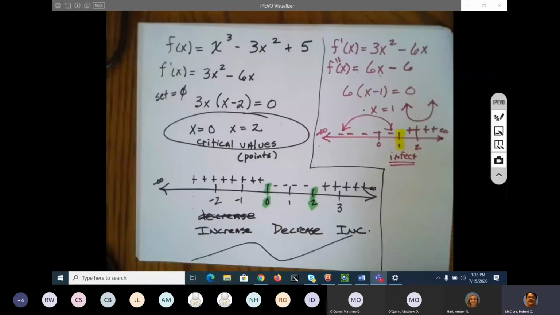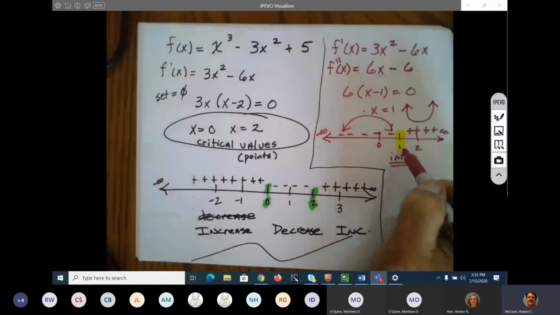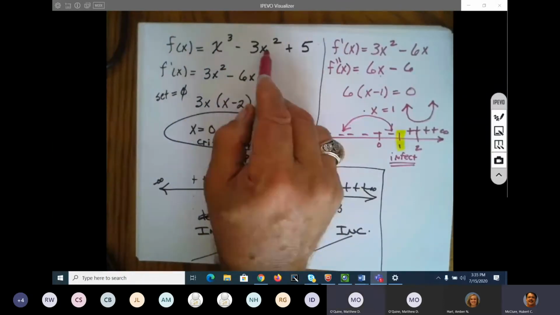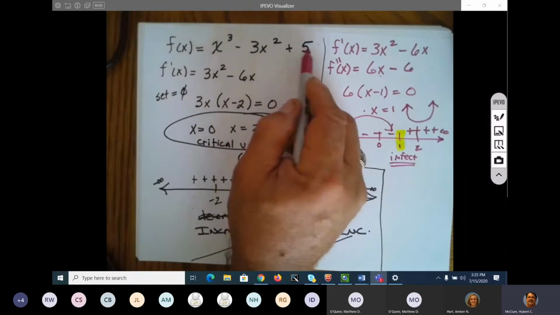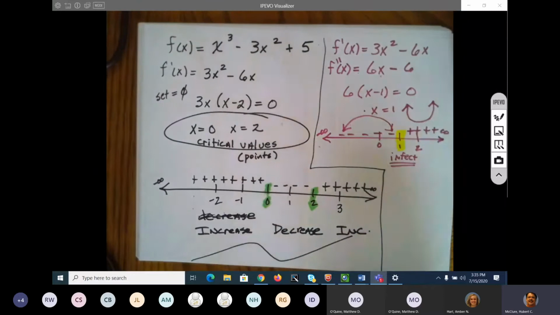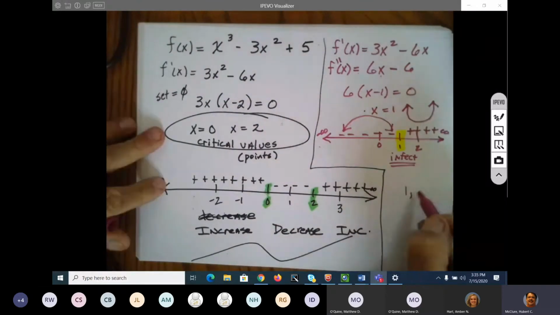So if you want to know which point is the inflection point, you take that 1 and plug it in here. 1 minus 3 is what? Negative 2. Negative 2 plus 5 is what? 3. So (1, 3) is our inflection point.